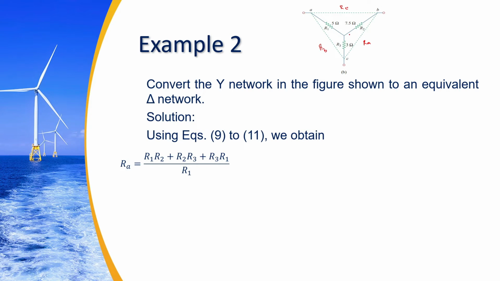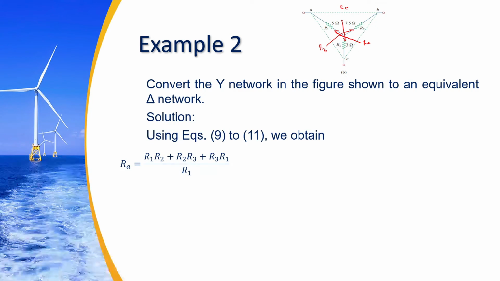Ang katapat niya is itong R1. Over R1 yung meron tayo dyan. Kapag RB ang kinukuha natin, ang katapat niya is R2. Kung RC kukuha natin, ang katapat niya is R3. Dun lang magkakatalo sa denominator.